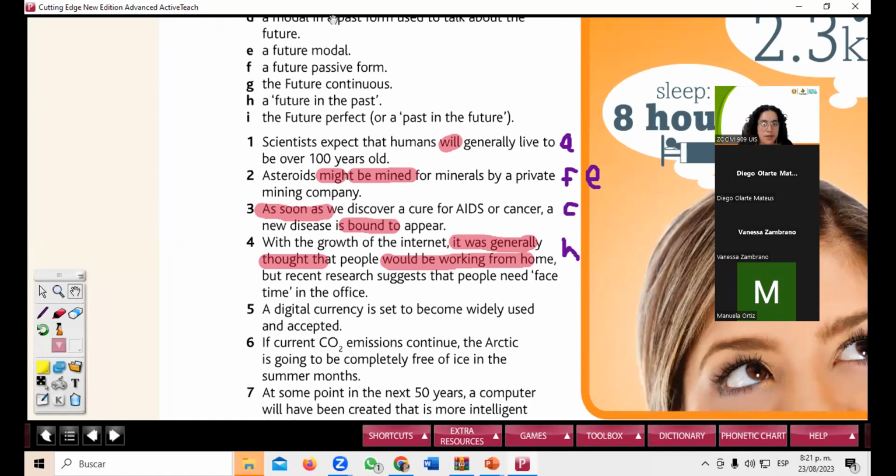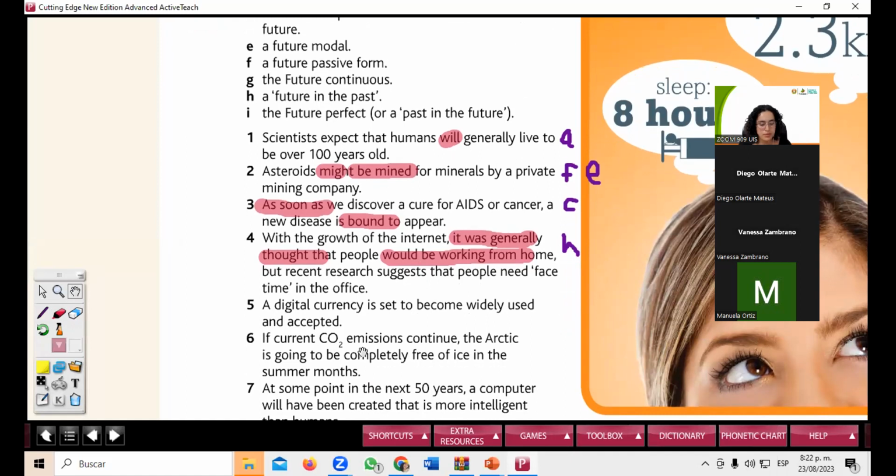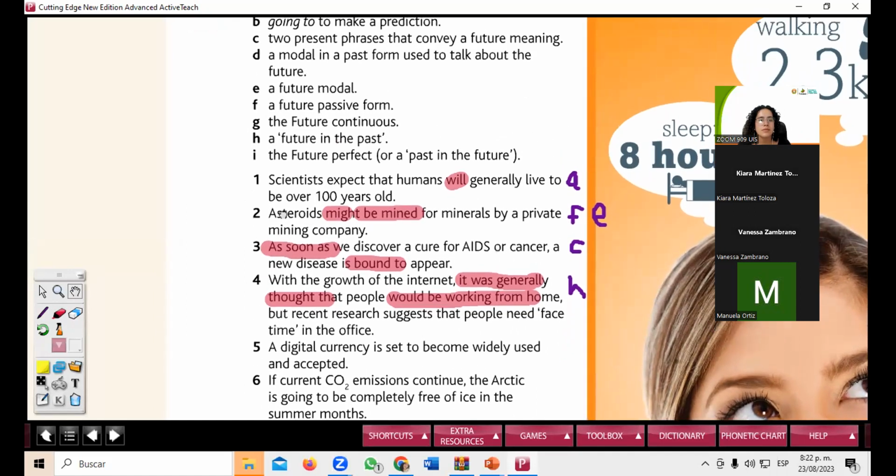And number 5, let's see, continue, Kiara. And a digital currency is said to become widely used and accepted.